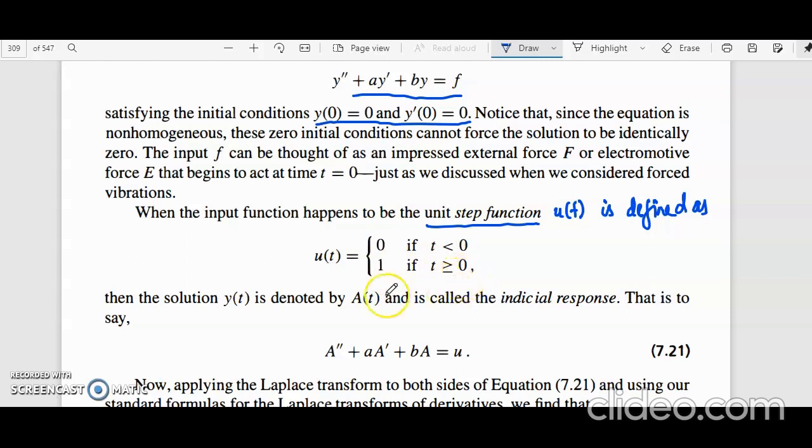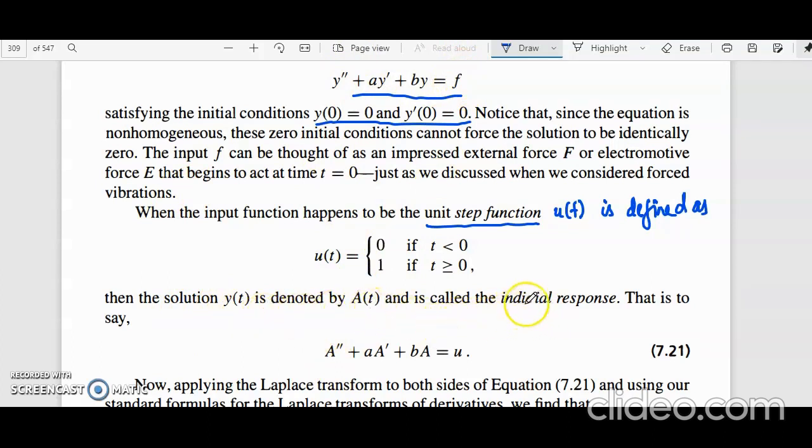Now let the solution corresponding to the function f on the right side be y of t. Now if u is on the right side, let the corresponding y value be denoted by a of t.